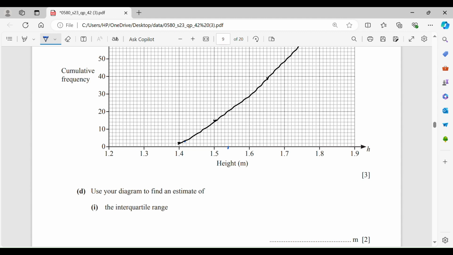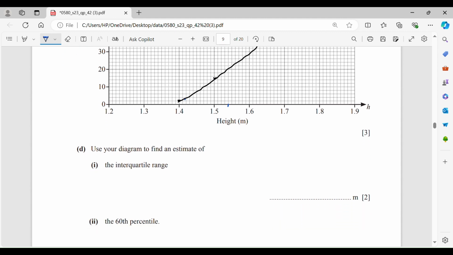Next is B part. Use the diagram to find the estimate of the interquartile range. So the interquartile range is equal to upper quartile minus lower quartile.